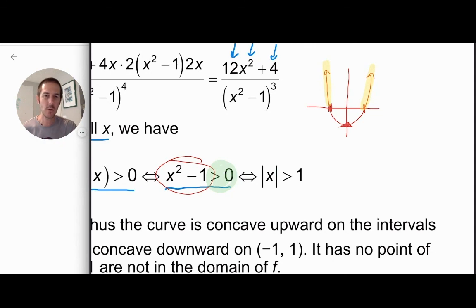When do those points on the graph occur? They occur when x is less than -1, and for points that have x values that are greater than +1. What's the most concise way to say that I need my x values to be strictly less than -1 and strictly greater than +1?